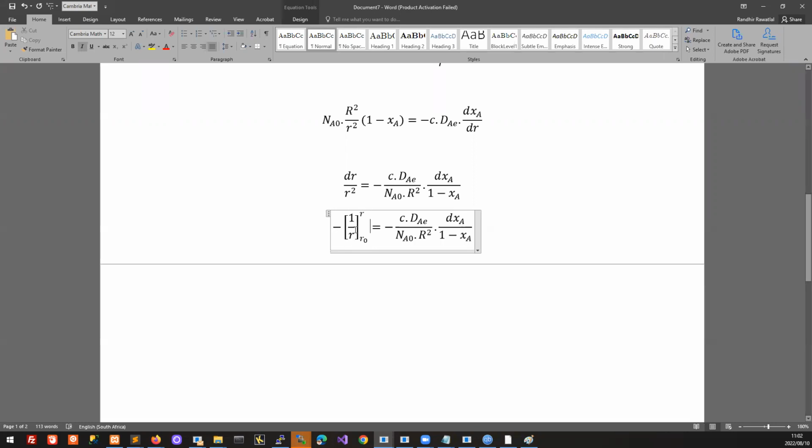So minus 1 over R squared is this 1 over R squared over here. So you can see the integral of 1 over R squared is minus 1 over R, like this.